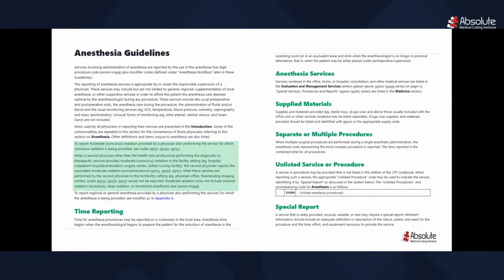In the next section, we are going to look at moderate conscious sedation. Moderate sedation has its own code. It is not generally coded or seen under the anesthesia section. The guidelines state that if the same physician performs the procedure and the sedation, you use codes 99151, 99152, and 99153.